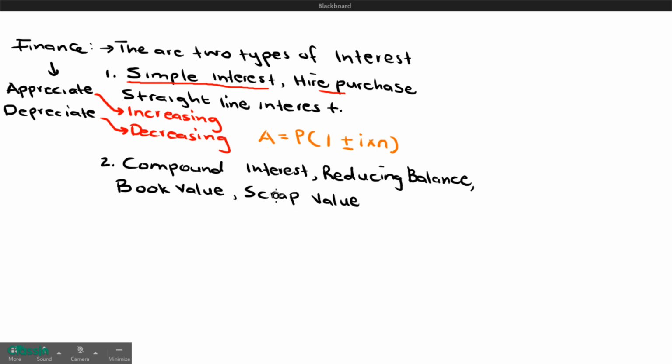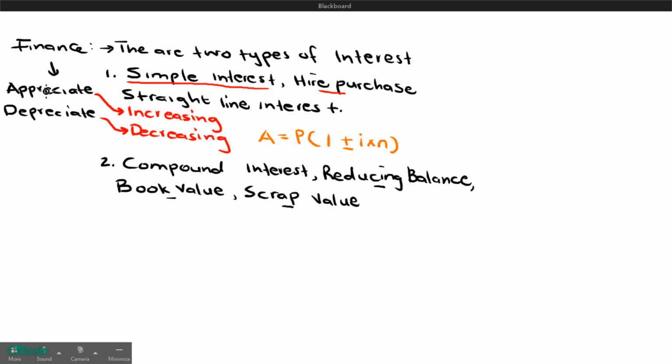So all these terms are talking about the same formula or the same definition in this case. So more like on simple interest, the value of money can either appreciate or depreciate.